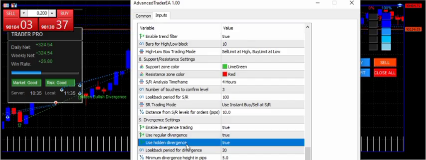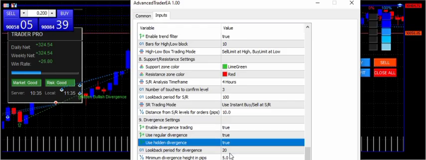So with the help of this, we can identify the hidden divergence and know, okay, this is a pure divergence that we need to enter the market. By looking at my chart, I've been trading all this while with hidden divergence, which is more profitable than the regular divergence that we can see with our bare eyes.